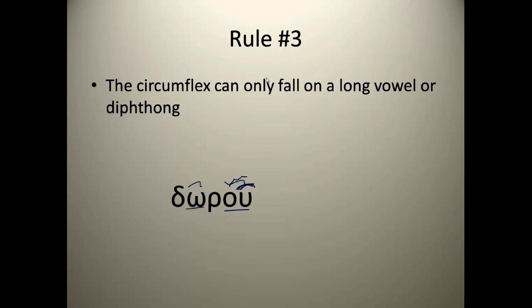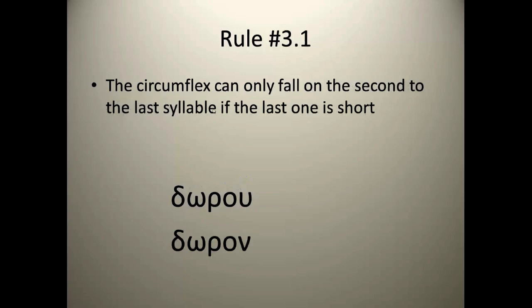We're going to have a sub-rule to this, rule 3.1. It can only fall on a long vowel, and it can only fall on the second to the last syllable if the last syllable is short. Okay. Now, this has a lot to do with the concept of mora, which I'm not going to talk about.